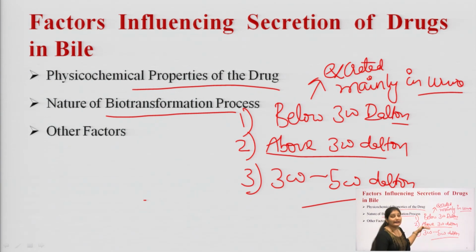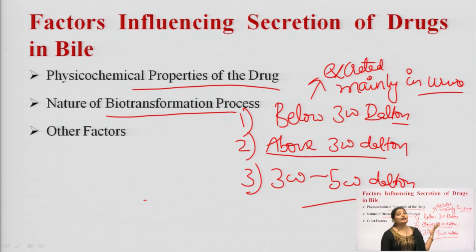In the second category, when the molecular weight is above 300 Dalton, mainly the drug excretion will take place into the bile, less than 5% will take place into the urine. In the third category, the involvement of bile as well as urine is there. The drug excretion can be in the urine as well as into the bile.